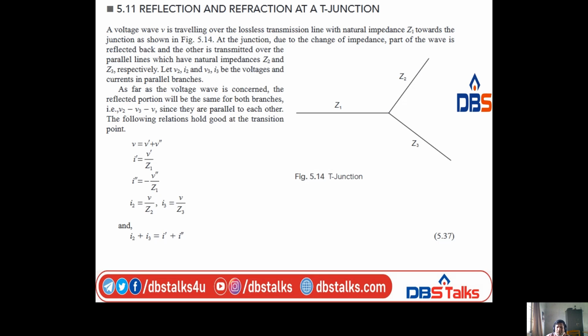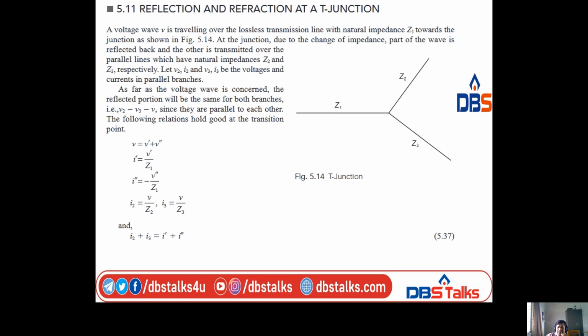Let us consider parallel line voltages and currents are V2, I2 and V3, I3 respectively for both branches. Since they are parallel to each other, the following relations hold good at the transition point.